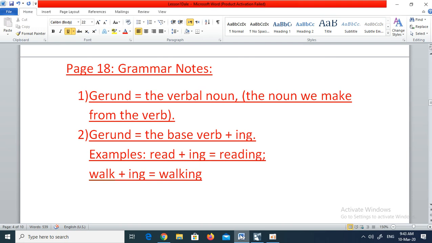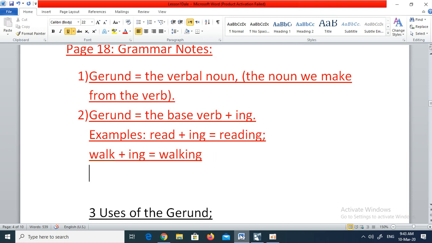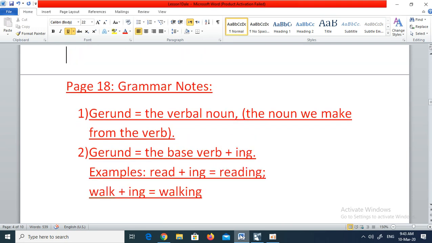So to take 2 examples, read is the base form of the verb. We add the suffix ing, and our gerund is reading. Walk is the base form of the verb. We add the suffix ing, and the gerund that we get is walking.